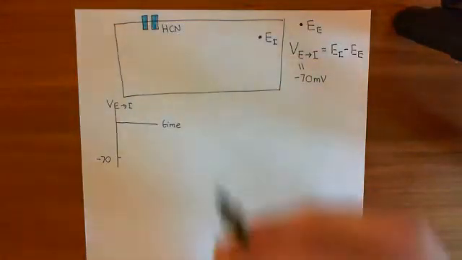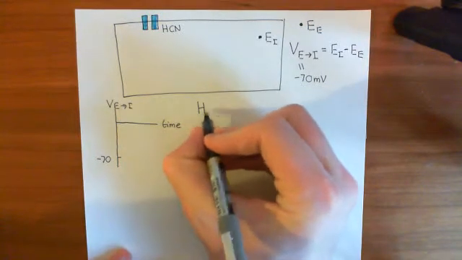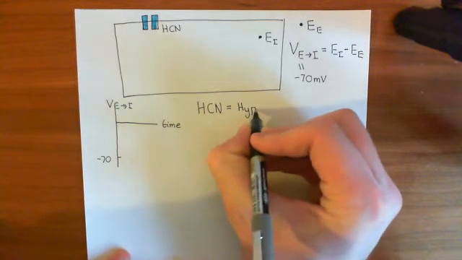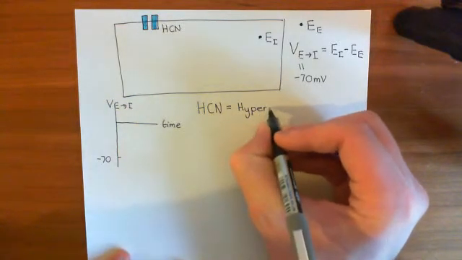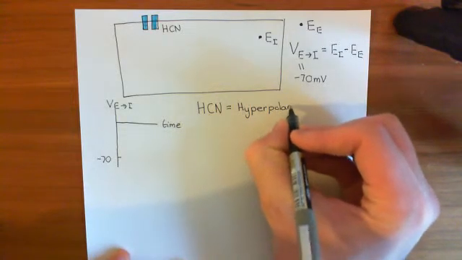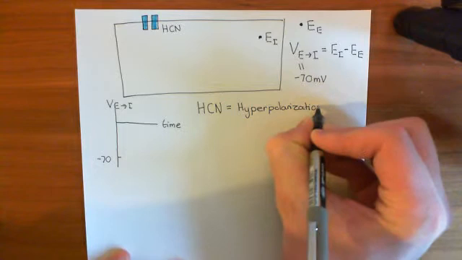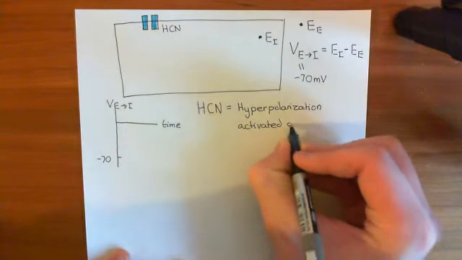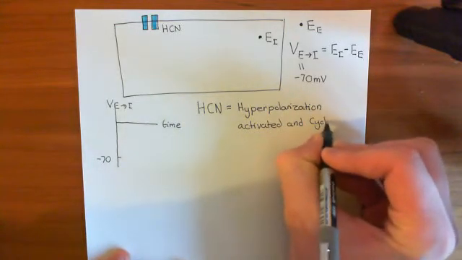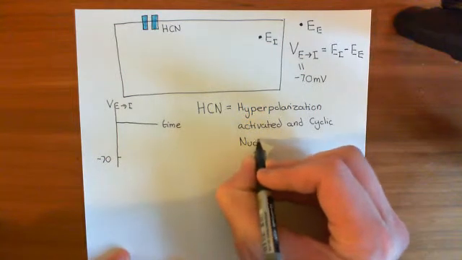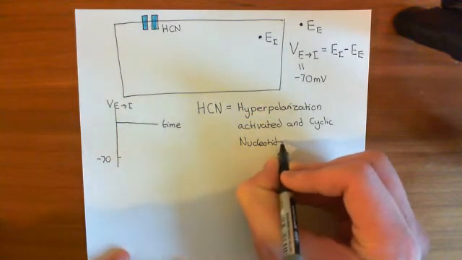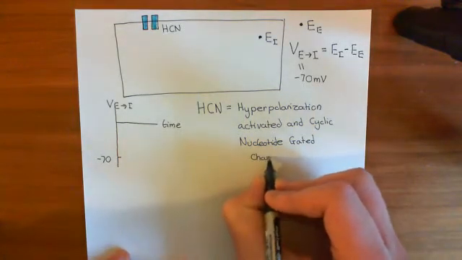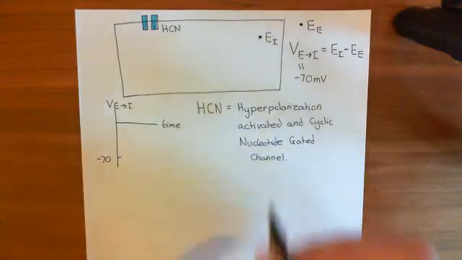HCN stands for, this is our long name, hyperpolarization activated and cyclic nucleotide gated channel, where the cyclic nucleotide will be cyclic AMP, incidentally. So that's its big name.